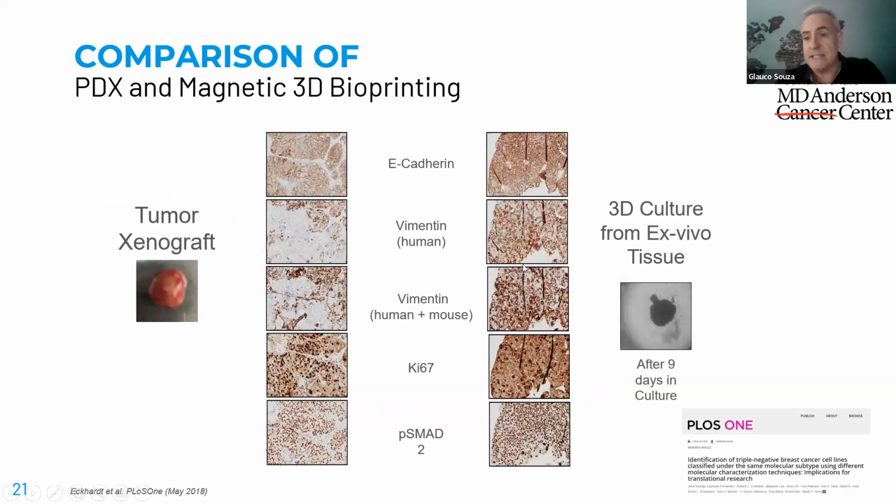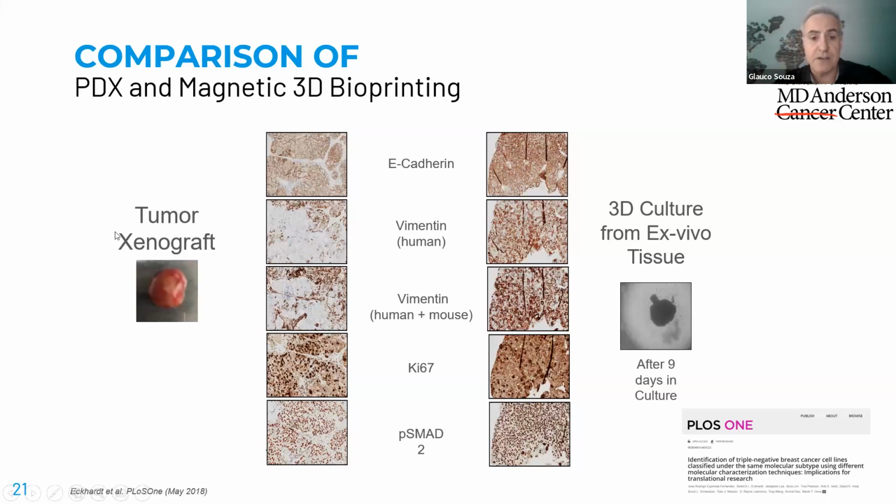We took the patient cells, put them in the mouse, grew the PDX, then took the PDX out and split the tumor in half. In one half, we broke it apart, magnetized the cells, and reassembled. In the other half, we just did the standard procedure of image analysis and immunohistochemistry, and we compared the two.